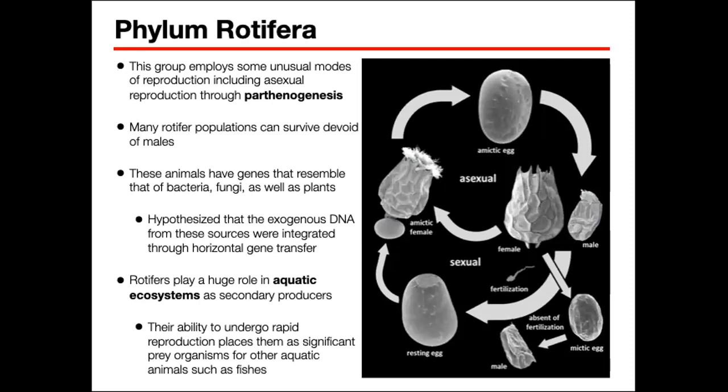Merong union of gametes for sexual reproduction, and in the absence of fertilization, this ovary actually can later on become a mictic egg and then become a fully grown organism via the process of parthenogenesis. So di ba yun yung example ng parthenogenesis, wherein it's actually the production of an embryo without any genetic contribution from the male gamete. Okay? So some of them can perform this type of reproduction.